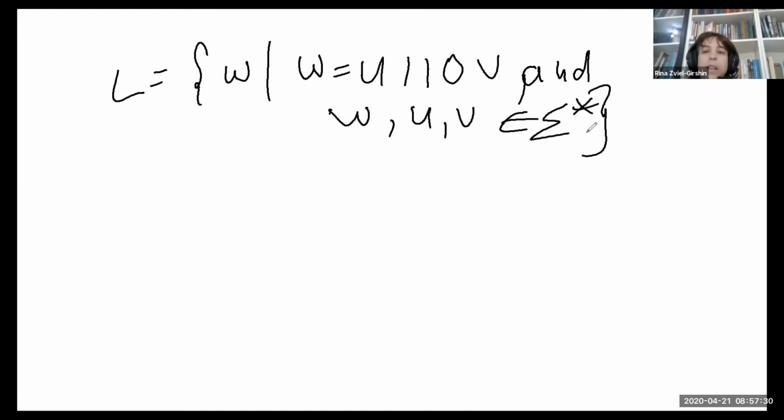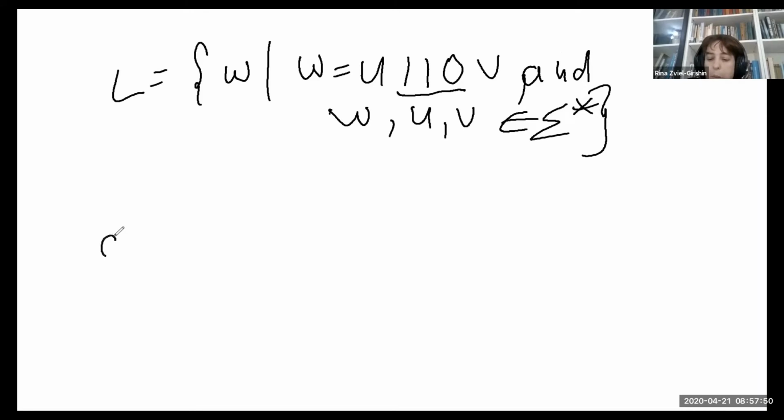So basically here is the definition of our language. If I need to give a formal definition, then I would like to accept all words with substring 110 inside. So basically, if I want to build an automaton, that's what I will do.